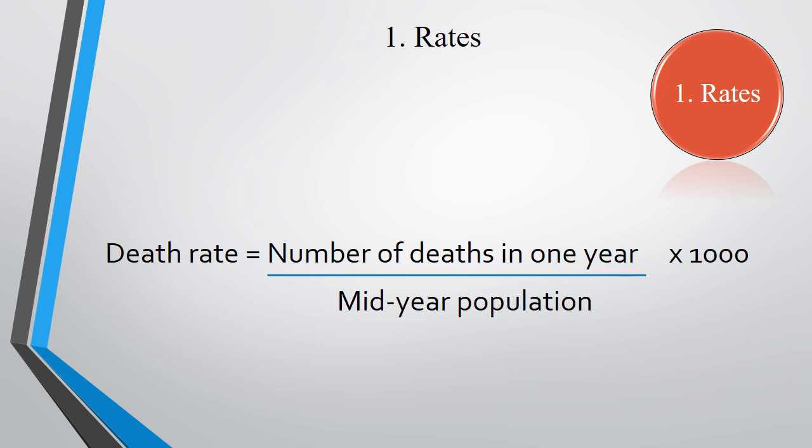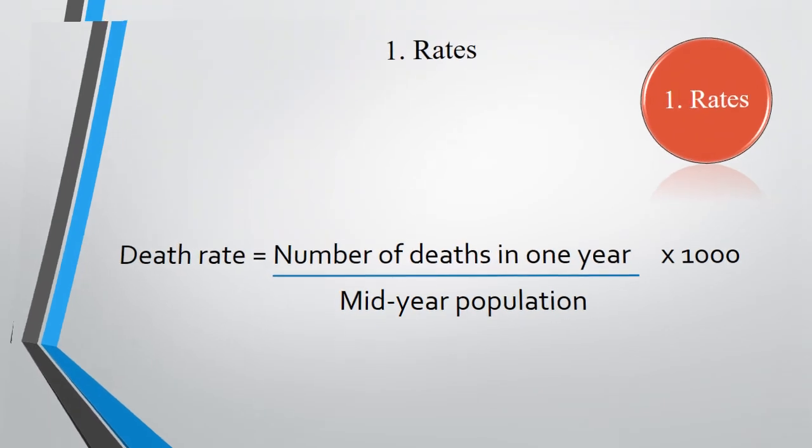Every year they calculate how many total populations are present. Mid-year means the middle of the year, the month of July. So in the month of July, how many total populations are there, into 1000. They calculate this way. So this is called death rate.